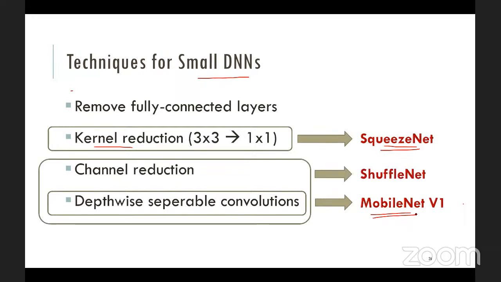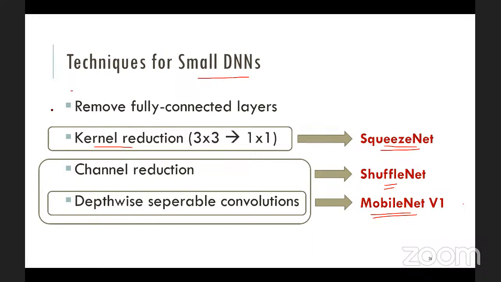Then if we talk about both channel reduction as well as depth-wise separable convolution, then we have ShuffleNet. So these are all small deep neural networks, lightweight models. Definitely we don't have that much time to discuss all these models, but let me talk about MobileNet.